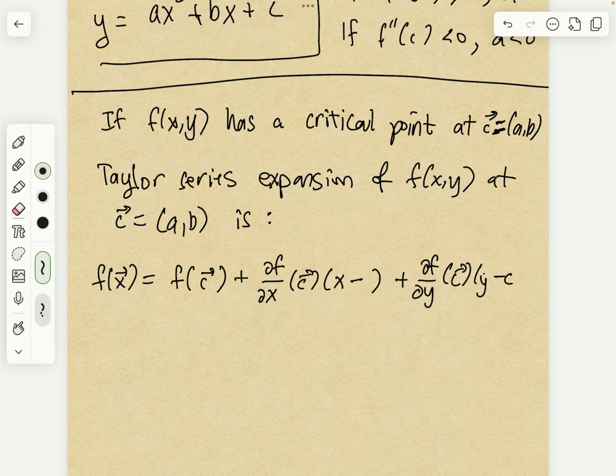Sorry, it's not x minus c. If your c is (a, b), it's x minus a, and then it's y minus b.